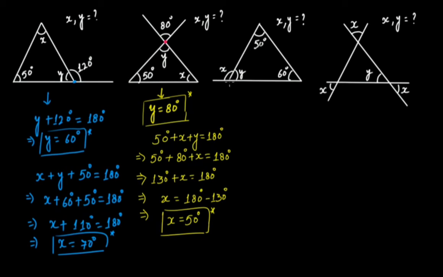If you apply exterior angle property, according to exterior angle property, this X will be equal to 50 degree plus 60 degree. If X is equal to 50 plus 60, then X is equal to 110 degree.